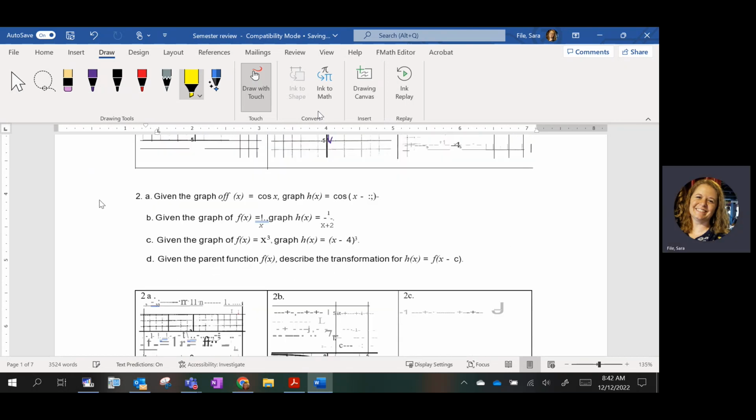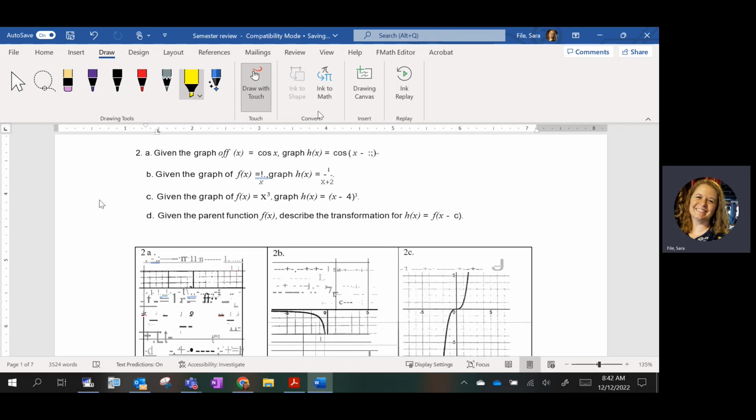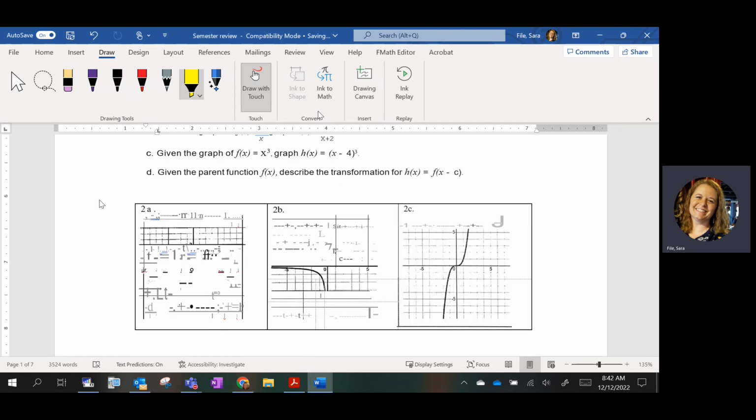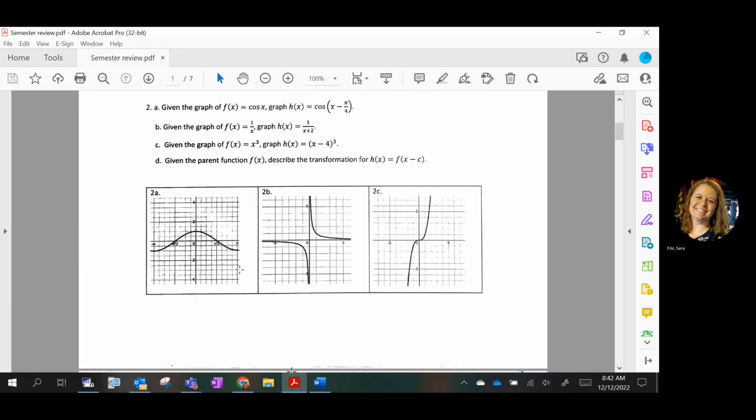All right, so 2 is the same teak, except this one, oh my, that graph didn't copy over nicely at all. Holy crap. Okay, cool. Let's go. Let me grab that here and copy that over.